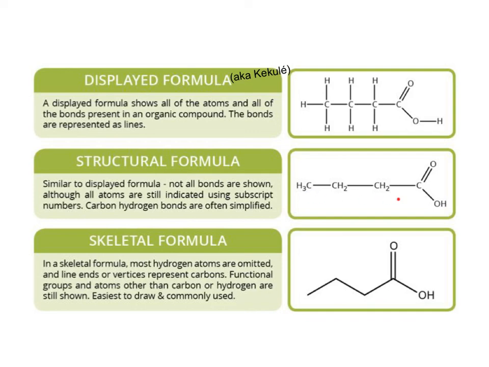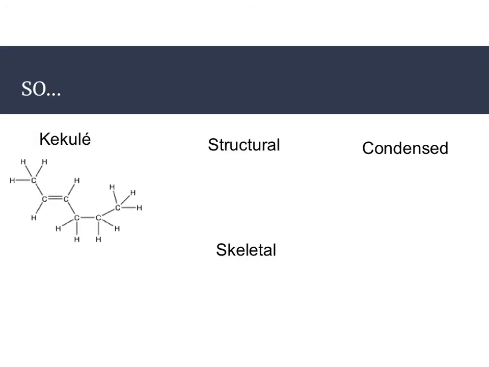The structural formula, where we start to condense down those hydrogen bonds, and then the skeletal formula, where we use the zigzagging of lines to represent the carbons and implied hydrogens bonded to those carbons. So we'll do one more big summarizing practice before we go.